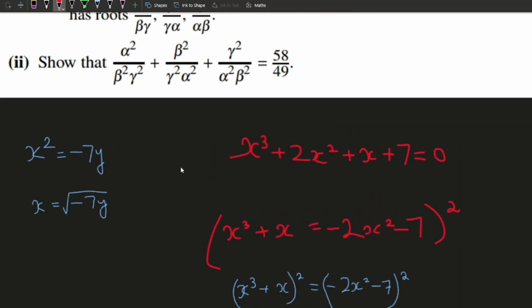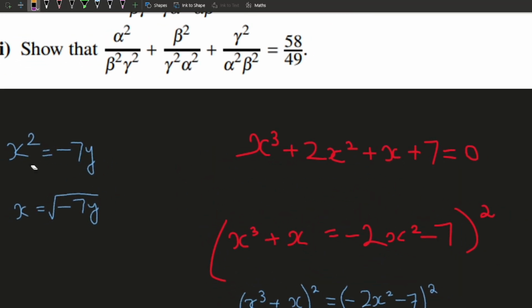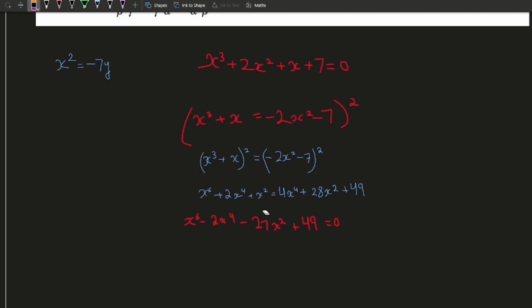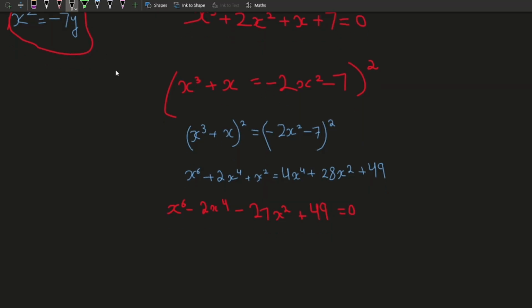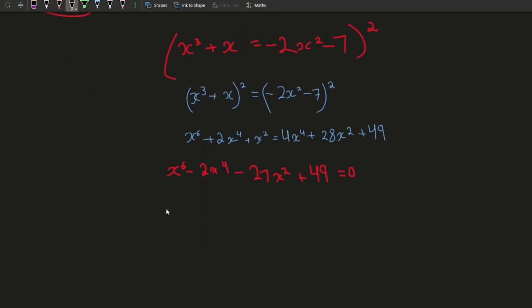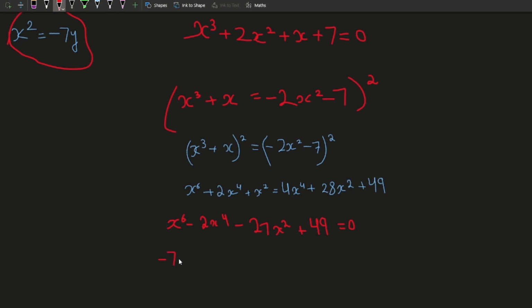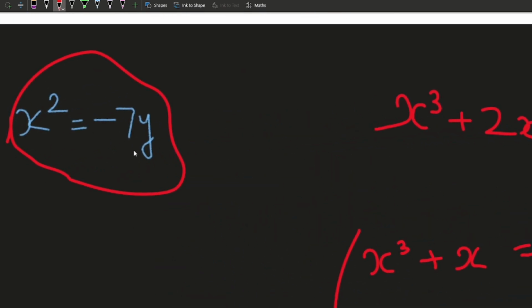Okay, now let's leave this. Now everything is even, right? So we can easily substitute this directly, right? So this would be minus 7y to the power of cube, because x squared is equals to minus 7y.